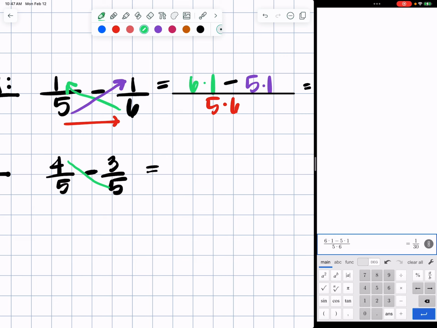So I'm going to criss. That means I'm going to do 5 times 4. I'm going to keep my subtraction symbol. And then I'm going to cross. So 5 times 3. And then I'm going to multiply straight across.